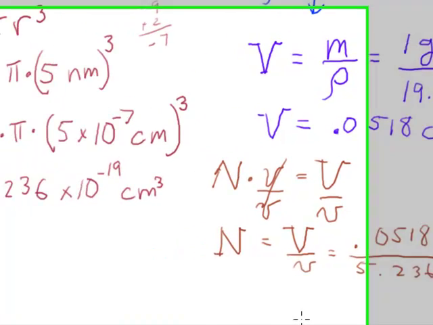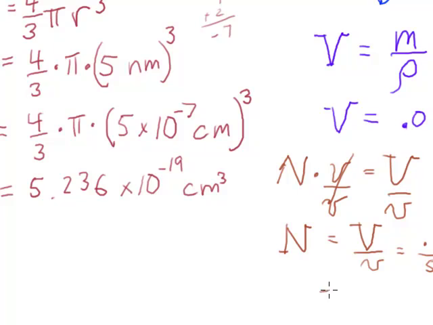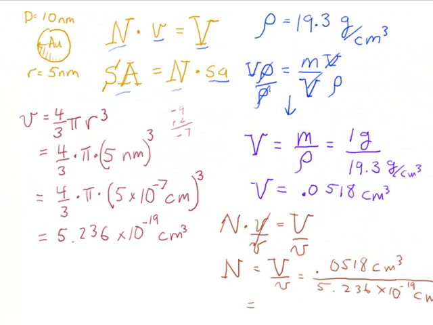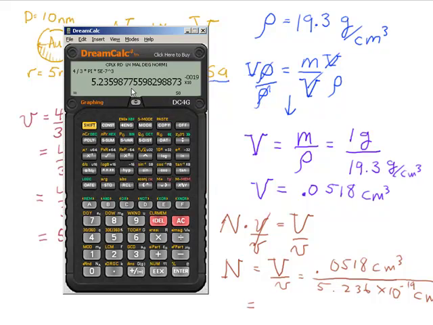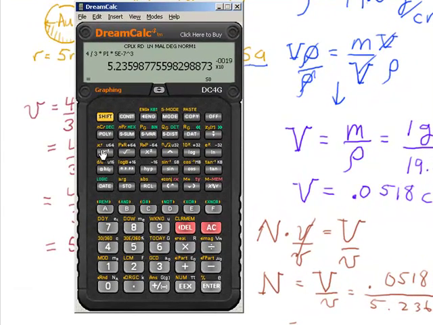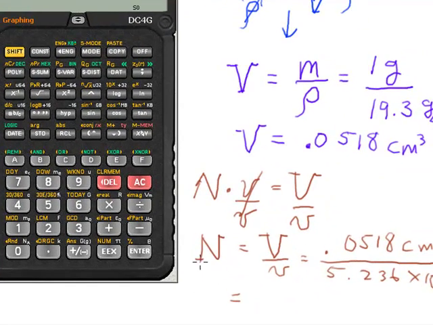Let's figure that out. I already have this number in the calculator, but it needs to be in the denominator. I can do that just by hitting the x to the minus 1 button, and then multiply that by 0.0518, enter. That's a lot of particles.